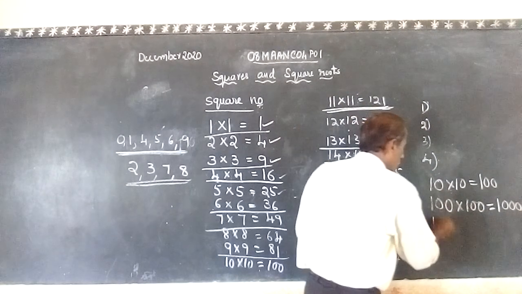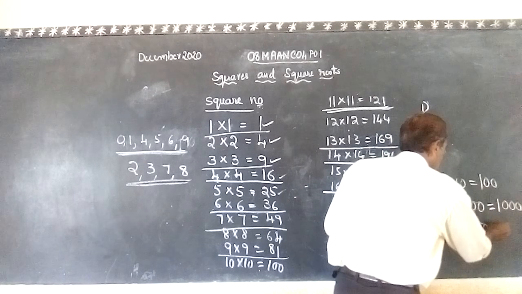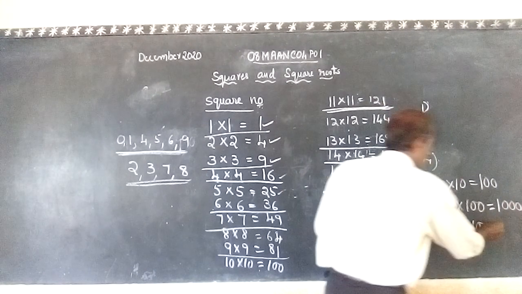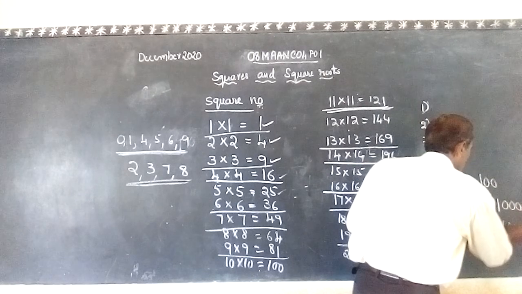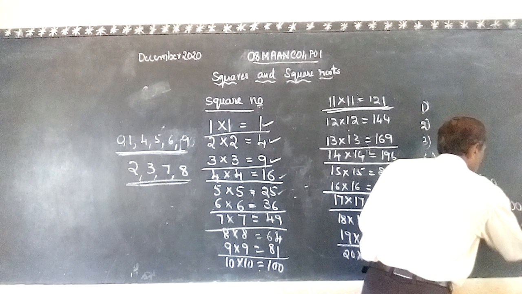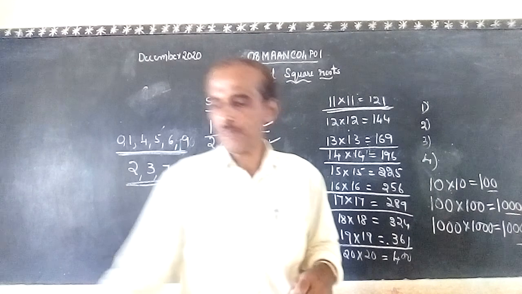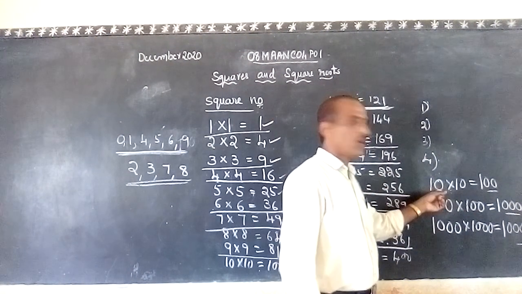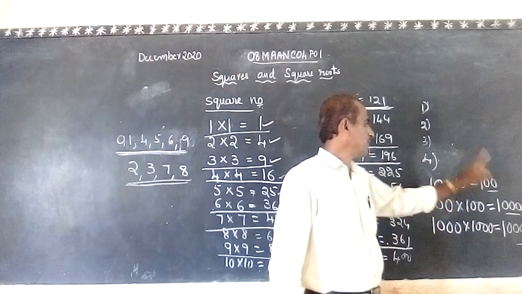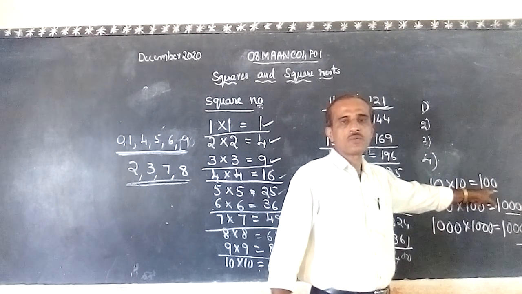The perfect square of 1000 is 1 followed by 6 zeros. There are 6 zeros in the answer. Therefore, remember, if a number has 1 followed by zeros, then its perfect square always has double that number of zeros.